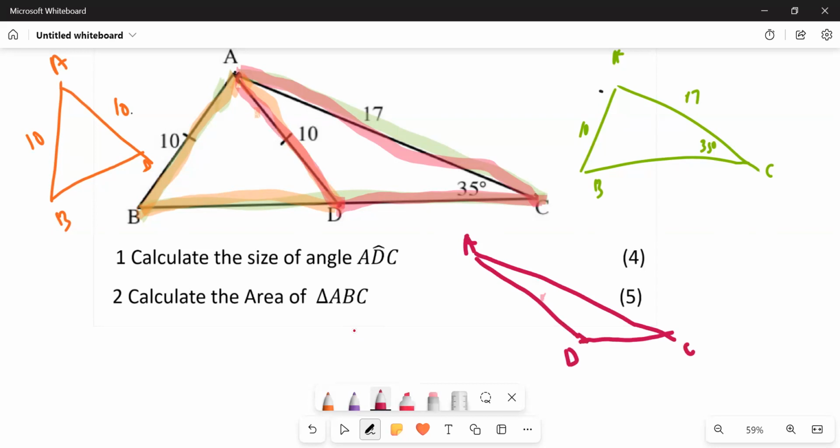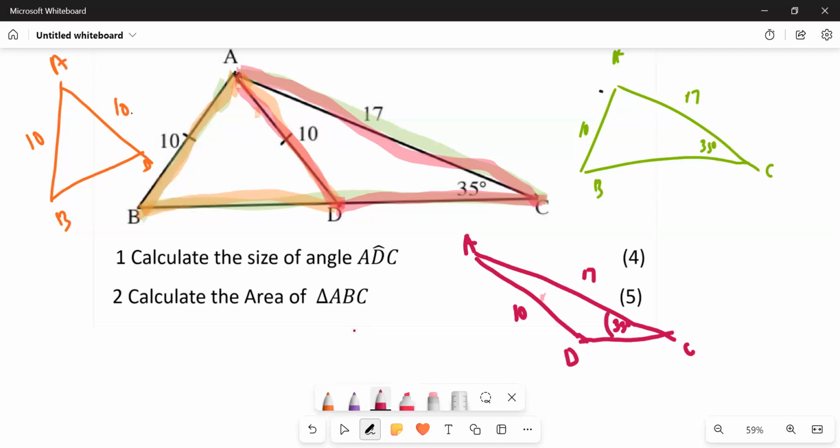AD is 10 units. AC is 17 units. Angle C is 35 degrees. Okay, we have identified our triangles.